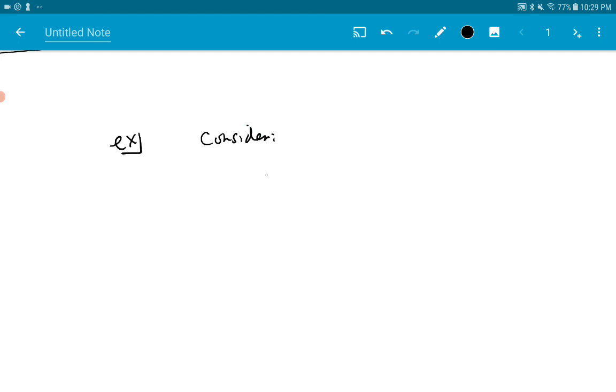How about 7y prime equals 3y plus t squared minus 4e to the 6t. Okay, this is a perfectly valid differential equation.